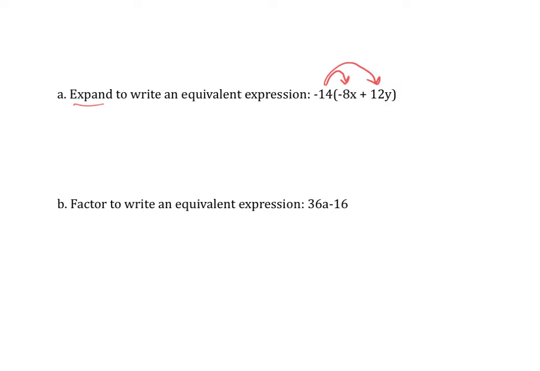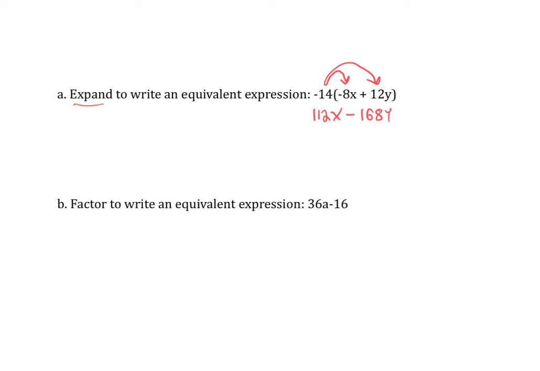So my first term, negative 14 times negative 8, is going to be a positive 112x. And then negative 14 times a positive 12 is going to be a negative 168y. So we're going to say minus 168y. And we're done.